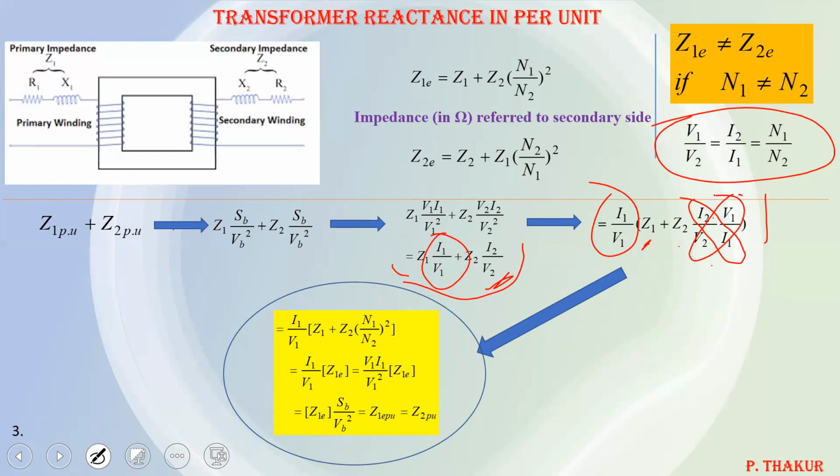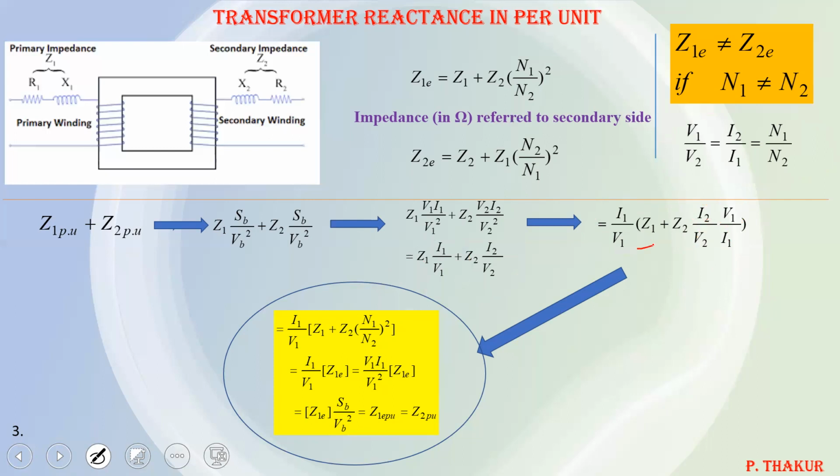So you will get Z1 plus Z2 into N1 by N2 whole square. And what is this? This is total impedance of the transformer referred to the primary. So in place of Z1 plus Z2 into N1 by N2 whole square, you can write Z1E.